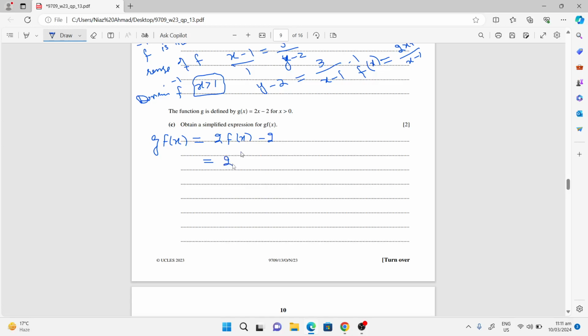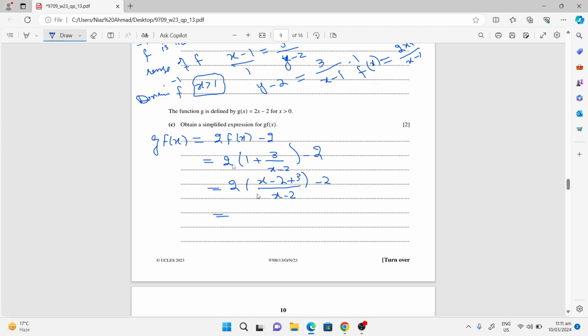Write the function, that is 2 times 1 plus 3 over x minus 2, and minus 2. So take the LCM, make it simplified. x minus 2, now it will be like x minus 2 plus 3 minus 2.